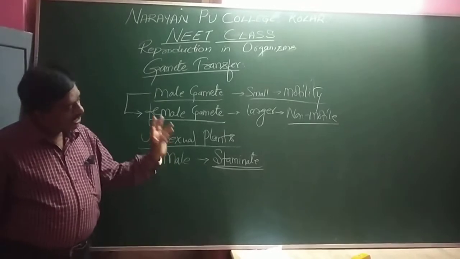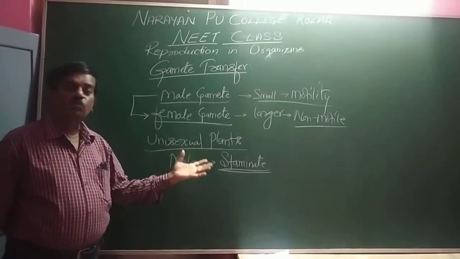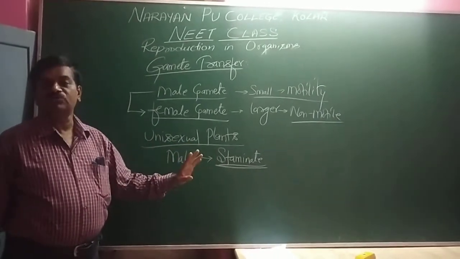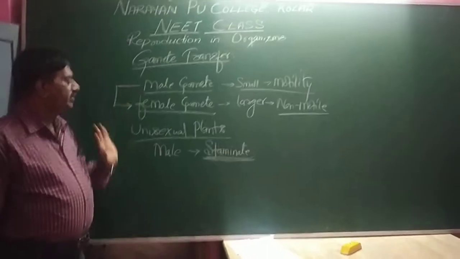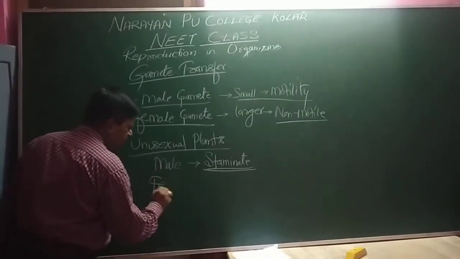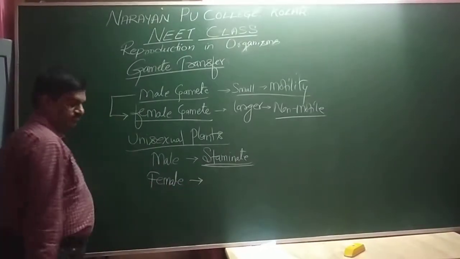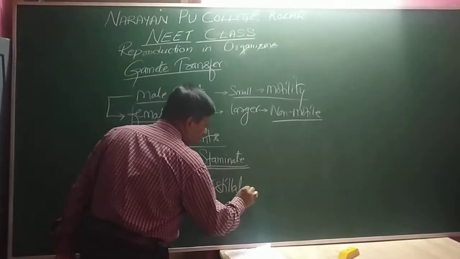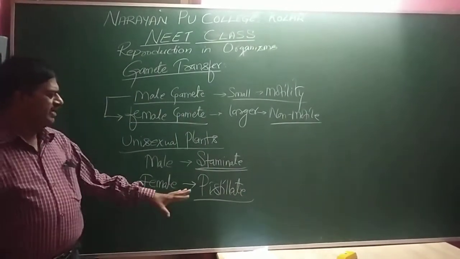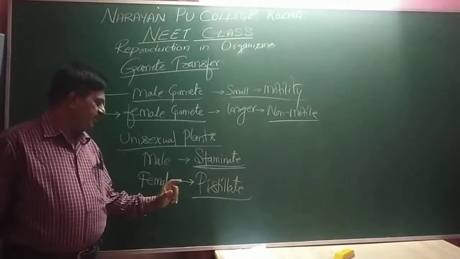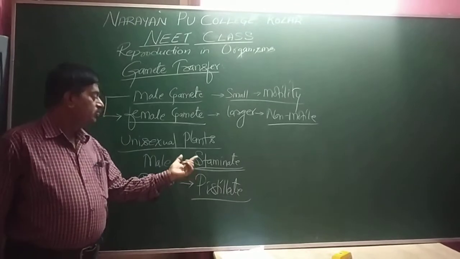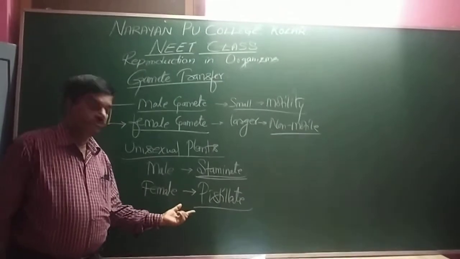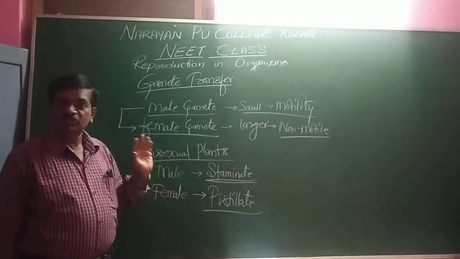It may be wind, water, or other biotic or abiotic factors that help in the transfer of pollen grains from one to another. Whereas the female plant is always called pistillate. This produces the female gamete called egg or ovum. When the pollen grains from the male plant fall on the ovule, they fuse together to form a zygote.